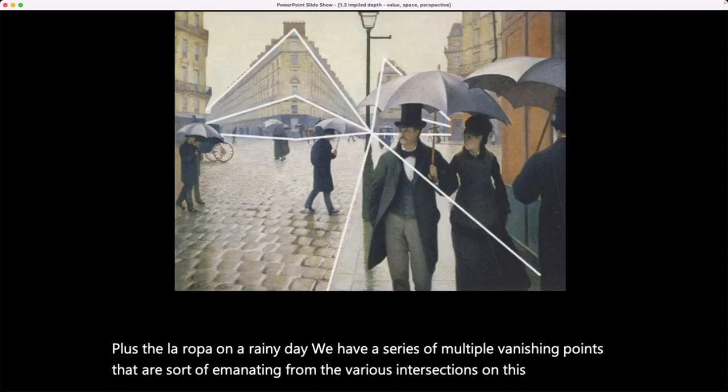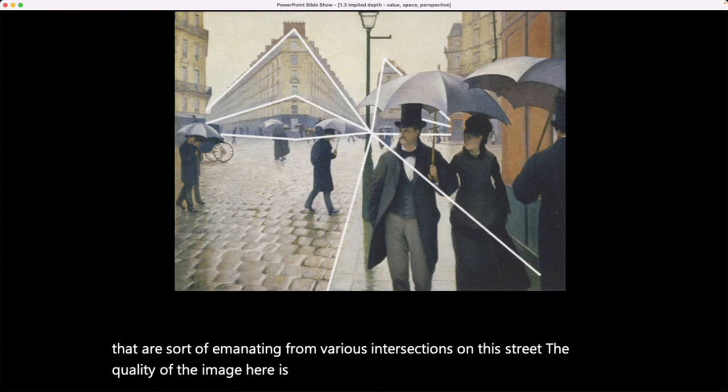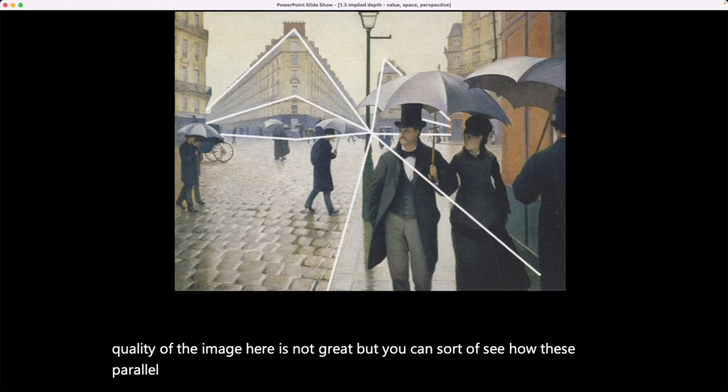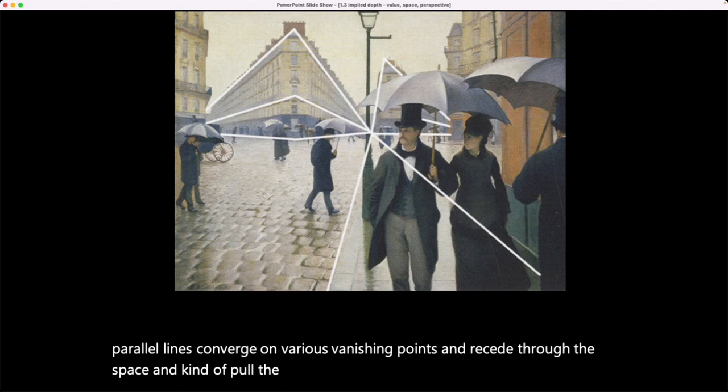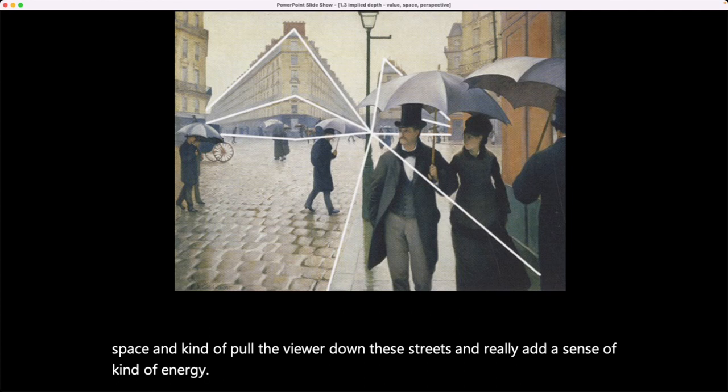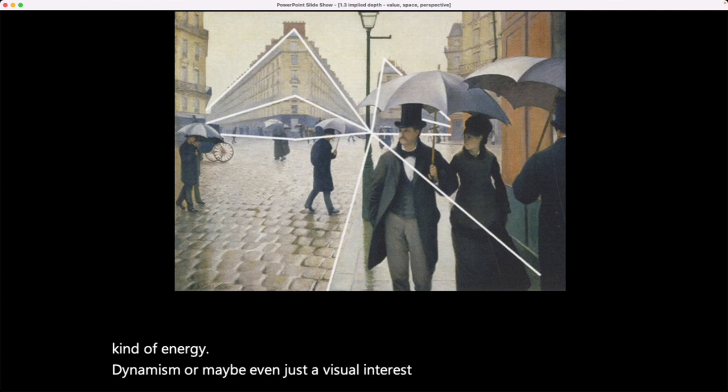The quality of the image here is not great, but you can sort of see how these parallel lines converge on various vanishing points and recede through the space and kind of pull the viewer down these streets and really add a sense of energy, dynamism, or maybe even just a visual interest to the work.